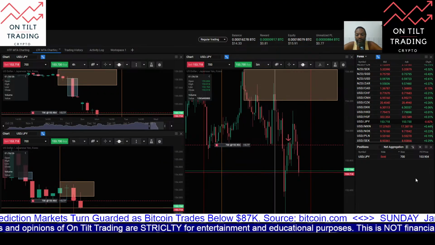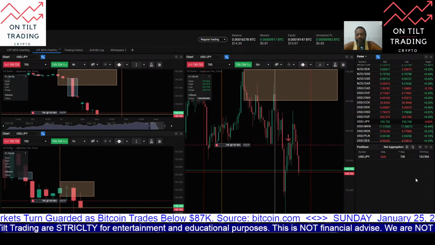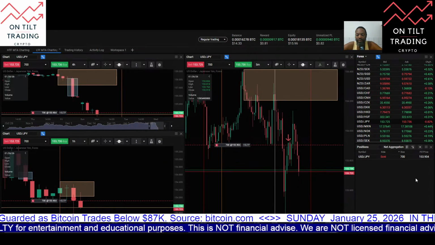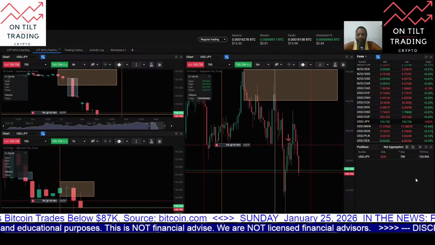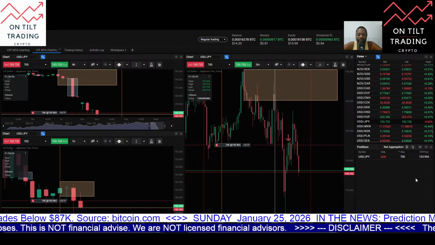So price still trading here, 153.720, and could be headed back down to the 153.700 level.